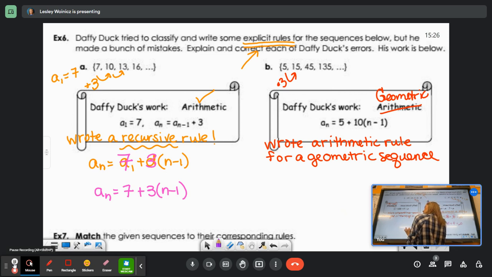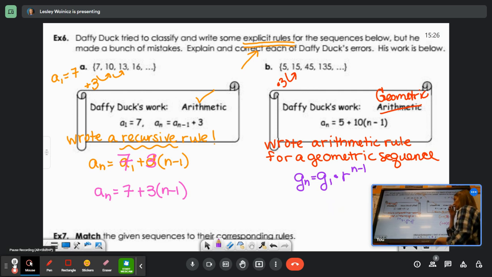So if I look at my formula sheet, okay, my explicit geometric rule is G sub n equals G sub 1 times my r to the n minus 1 power. So I just have to figure out what my first term and my r value are. So I already know that my r is 3.